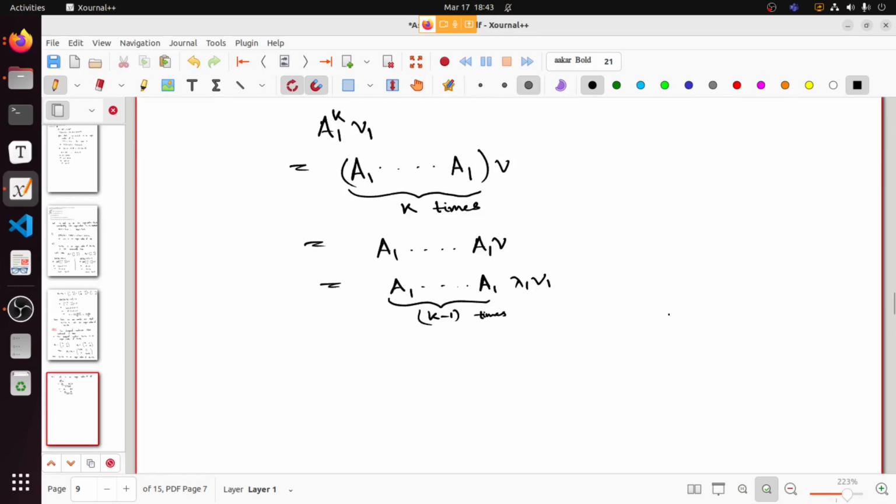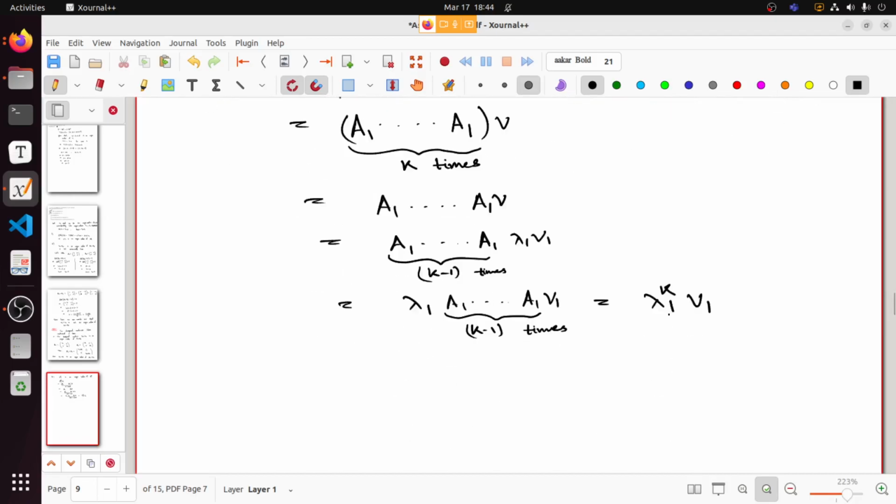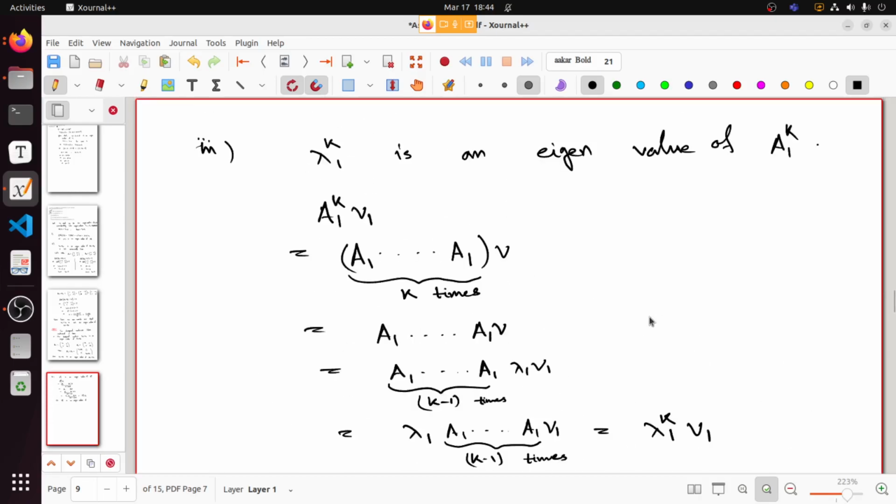Applying A1 again, you will get lambda 1 times A1 applied k minus 1 times to b1. If you continue this process k times, you will get lambda 1 to the power k times b1. So lambda 1 to the power k is an eigenvalue of A1 to the power k, right? So option number 3 is correct.